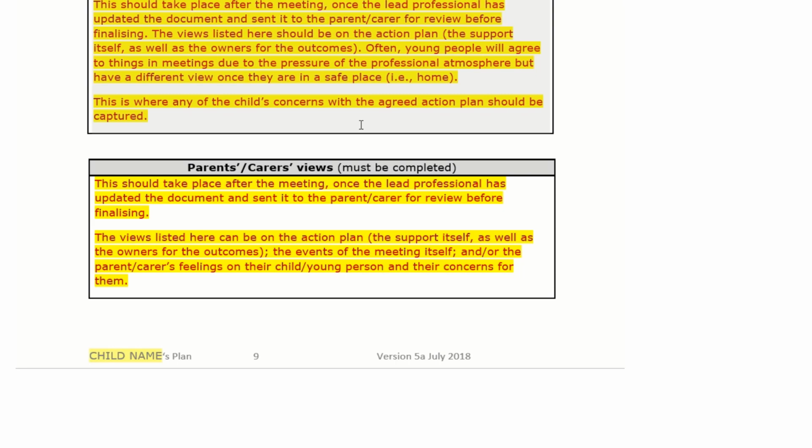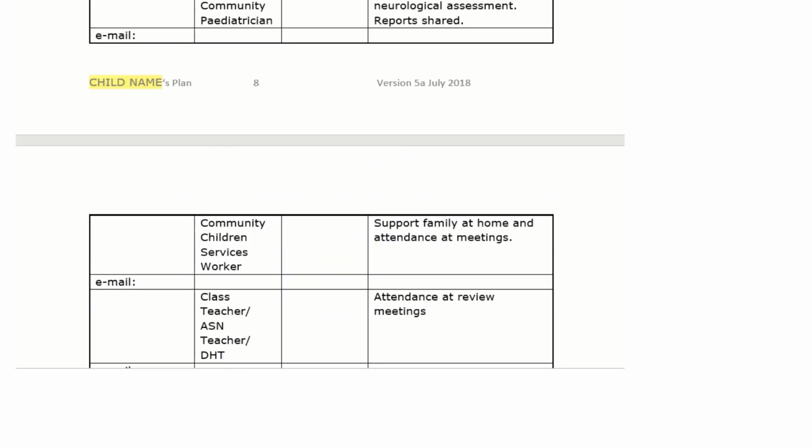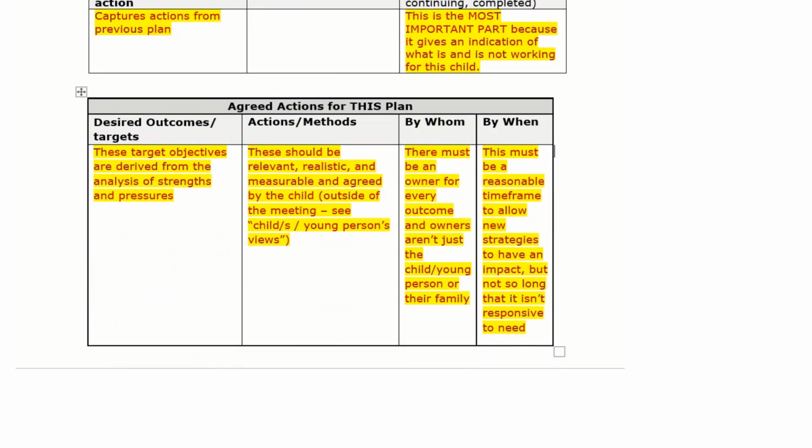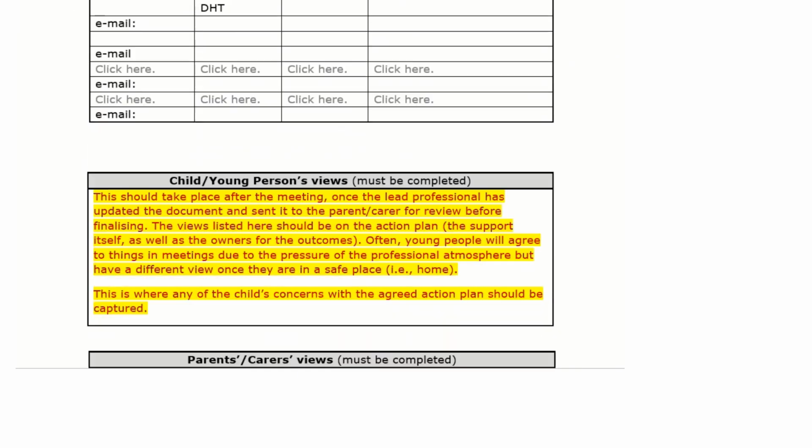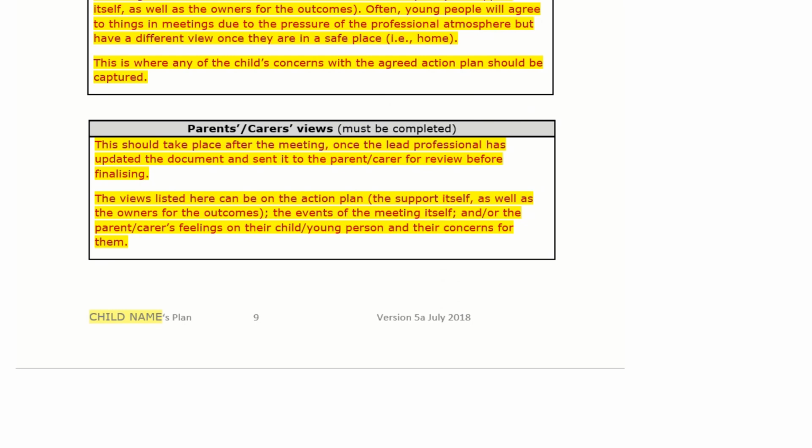You know, the person who's been named as taking the action forward, further up here in this bit, by whom or by when. The time frame isn't quite right. So the child has a chance to open up about these things, reflect, process, and put their views in. And the parent also has a chance to reflect, process what is going on and put their views in. Okay?